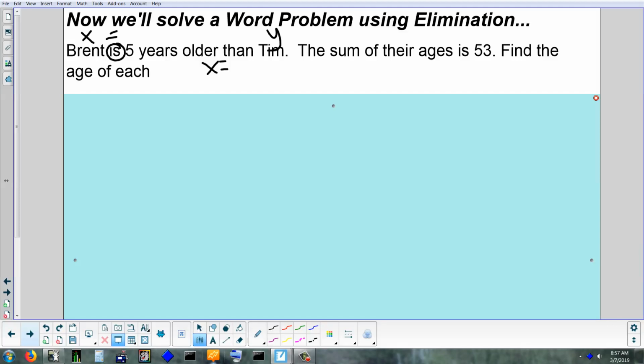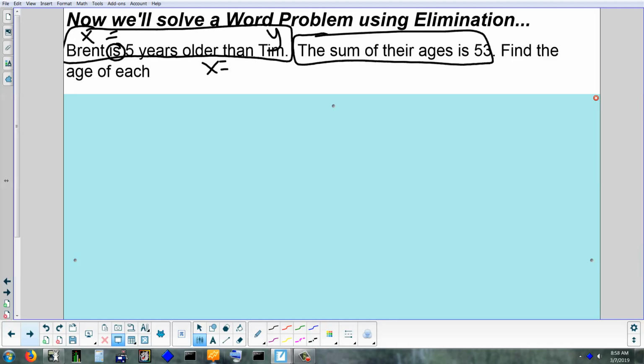So Brent is 5 years older than Tim. The sum of their ages is 53. Find the age of each. The first sentence is going to be the first equation. The second sentence is going to be equation number 2, and the last sentence is just telling us what we have to do.